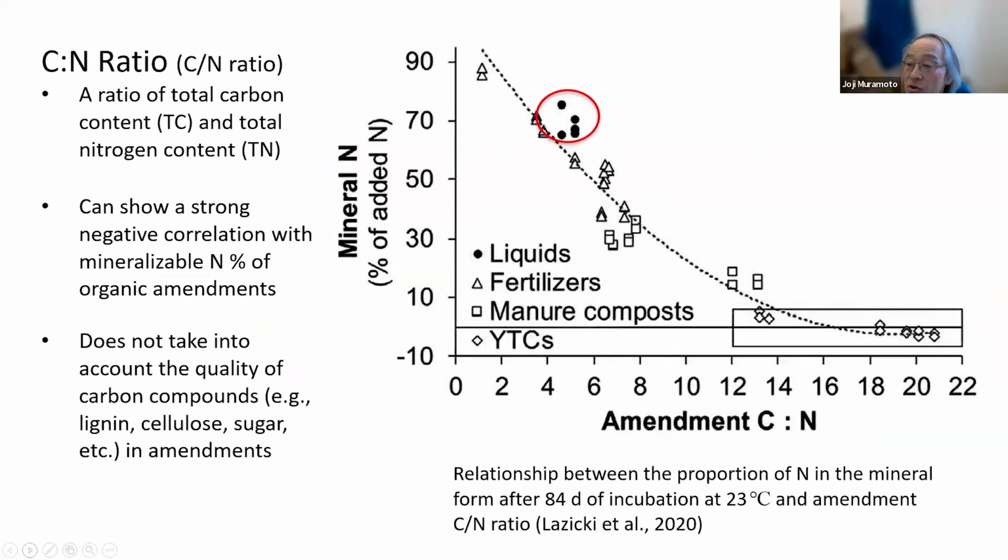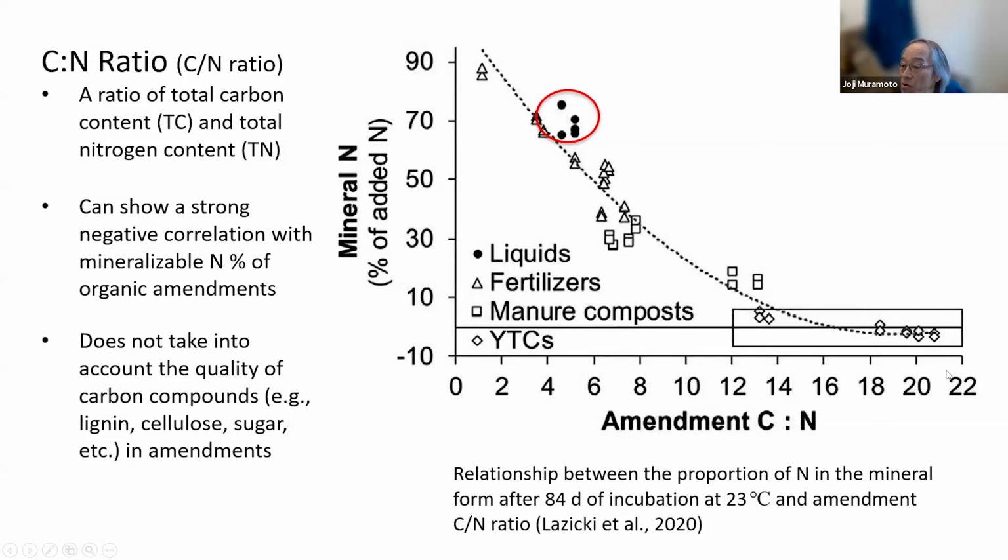And the C:N ratio is the ratio of the total carbon content to the total nitrogen content of an amendment. It can show a strong negative correlation with the mineralizable nitrogen percent of organic amendments. This is one example from work by Lazicki et al. The x-axis shows the C:N ratio.